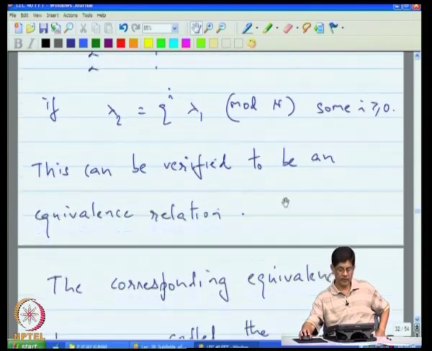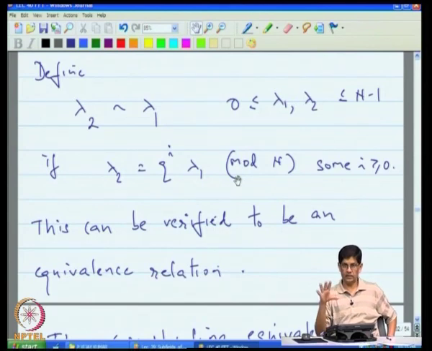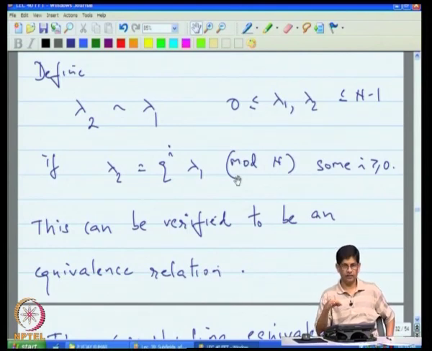This can be verified to be an equivalence relationship, just as I remember when we discussed the p cyclotomic cosets mod p to the m minus 1, where I wrote down three lines which showed that the reflexive, symmetric and transitive properties were satisfied. In exactly the same way, you can verify that those three properties are satisfied here as well.